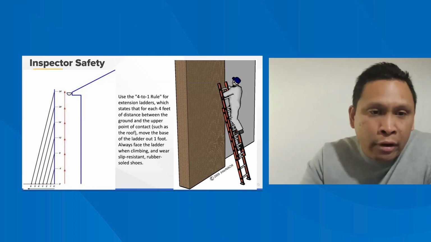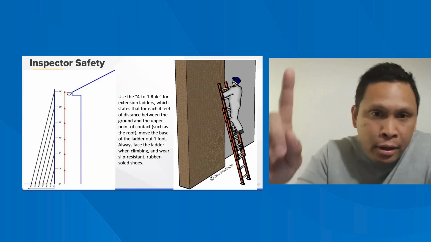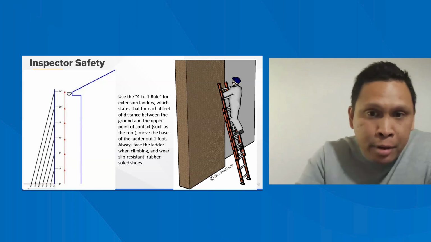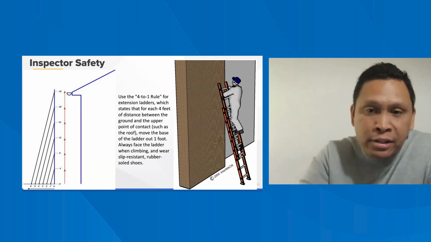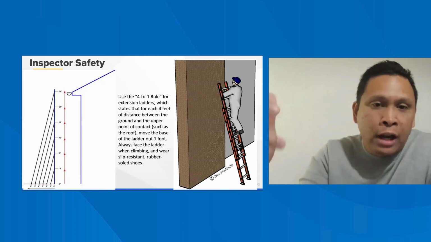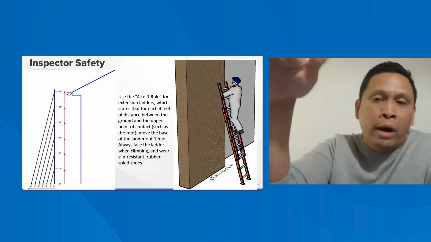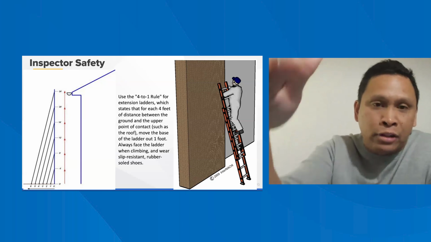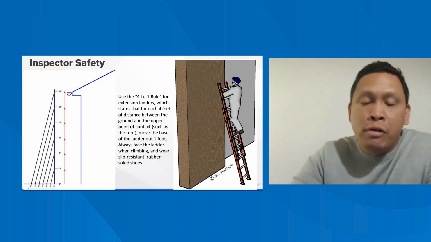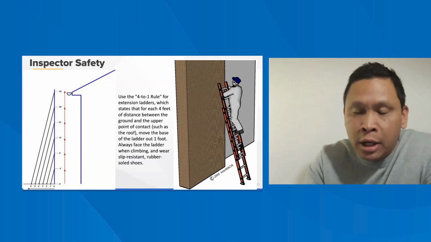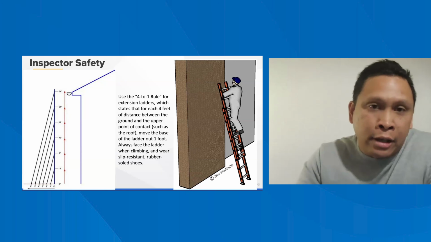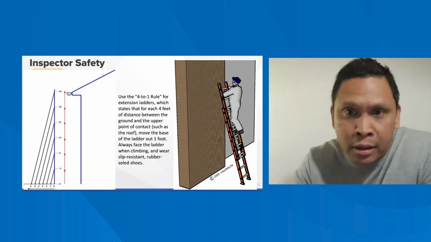For every 4 feet up from the ground, you want to make sure that the base of the ladder is 1 foot out. So 4 feet up means the upper point of contact, wherever the top of your ladder is touching, and then move the base of the ladder out 1 foot for every four. That way the ladder is as stable as it can be.